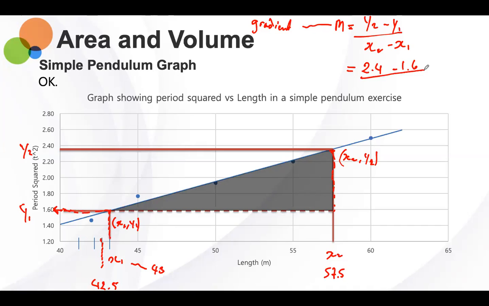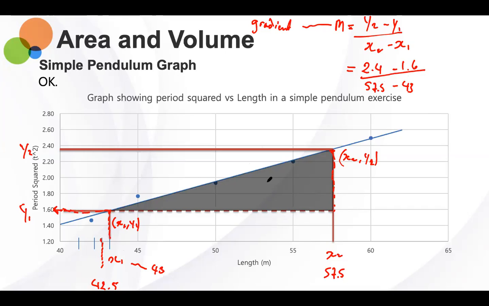And what do we have down here? x2 is 57.5. And what is x1? 42.5. Remember, x1 would be 43, a little bit above it. Are we all seeing this? If you're not seeing this, please let me know.